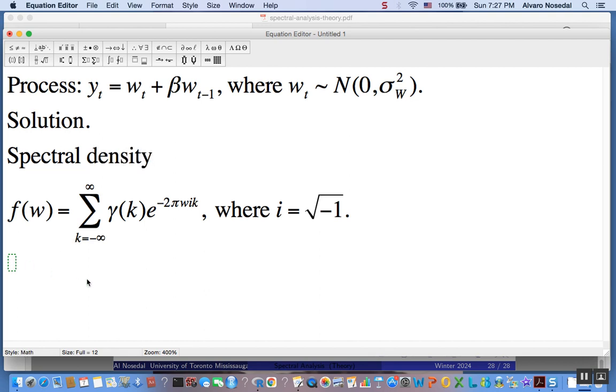So as you can see, if we want to apply the definition, first we have to find the autocovariance function, gamma at k. Okay, so let's find gamma at k, the autocovariance function.